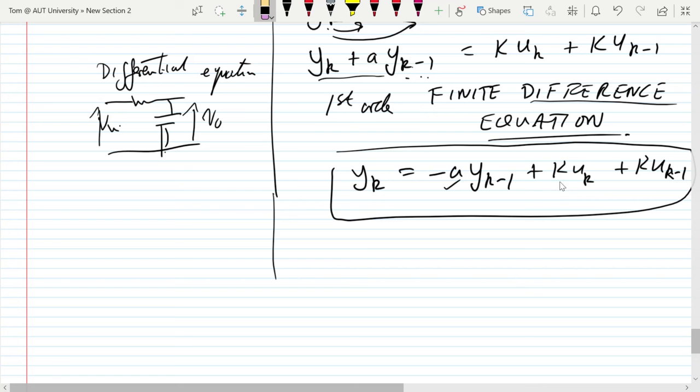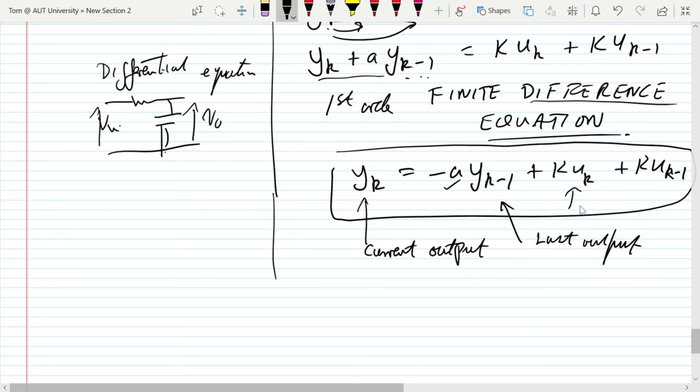So how do I go about writing this in software is the next problem. And what actually is it? What is a difference equation? So this is important. That's the current output. I don't mean current as in amps. It just means current as in the present output. That's the last output because it's one step behind.